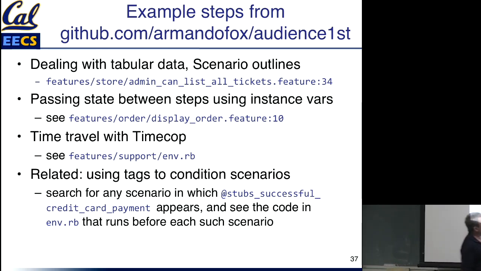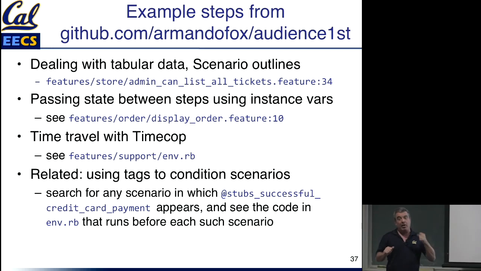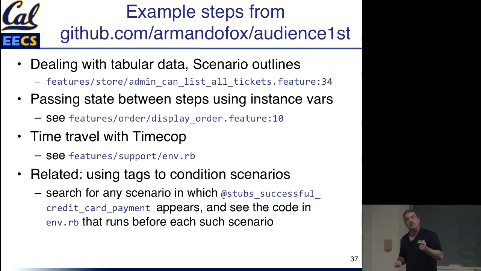Related to this is the @javascript tag. Some of you may already have discovered this or been forced to discover it. Capybara actually has a JavaScript engine inside it. So if you've got JavaScripty features on your page, like when you click on a button, it reveals a pane or causes a dialog to pop up, you can test all that stuff. But turning on JavaScript for Capybara is very expensive in terms of performance.